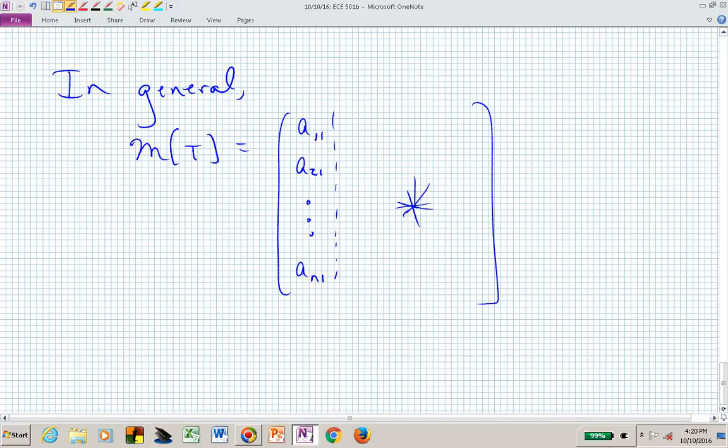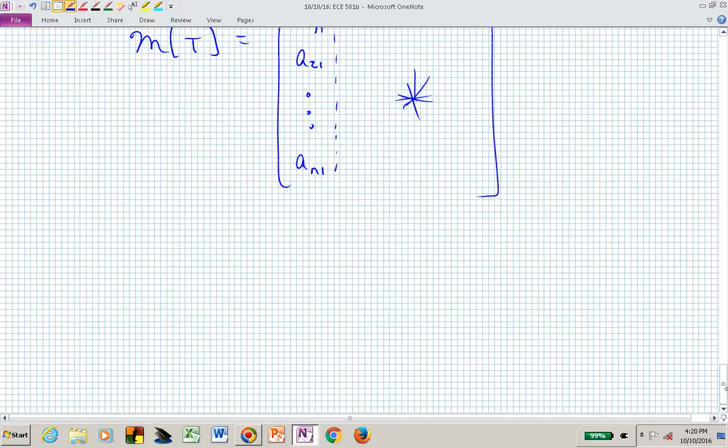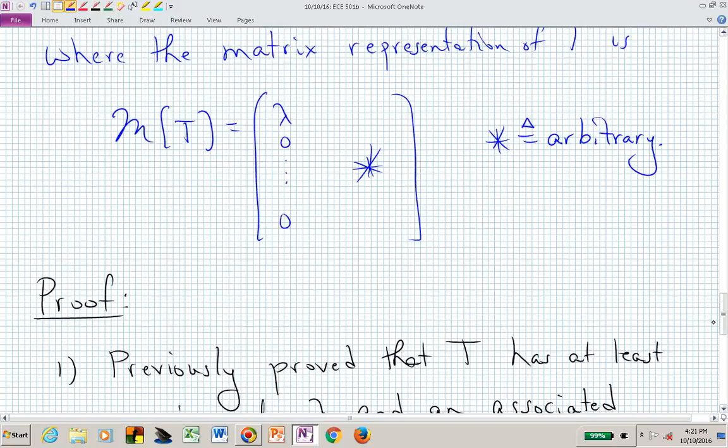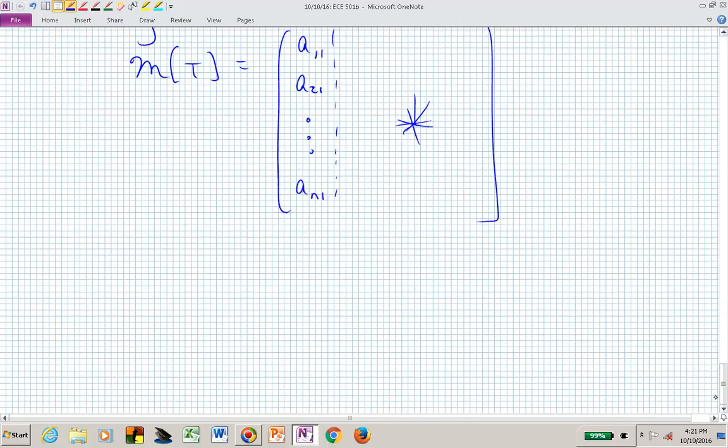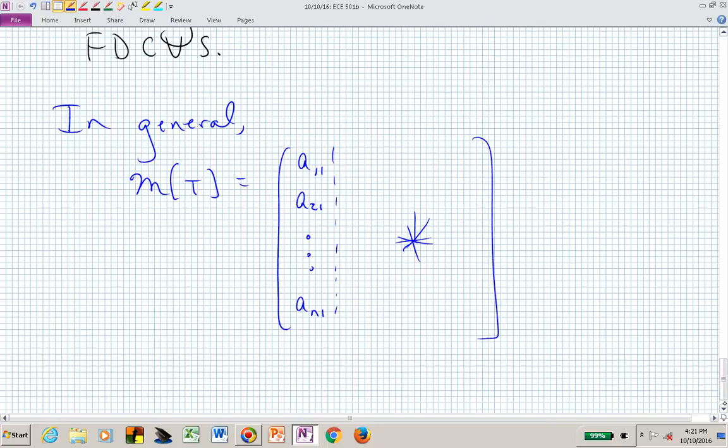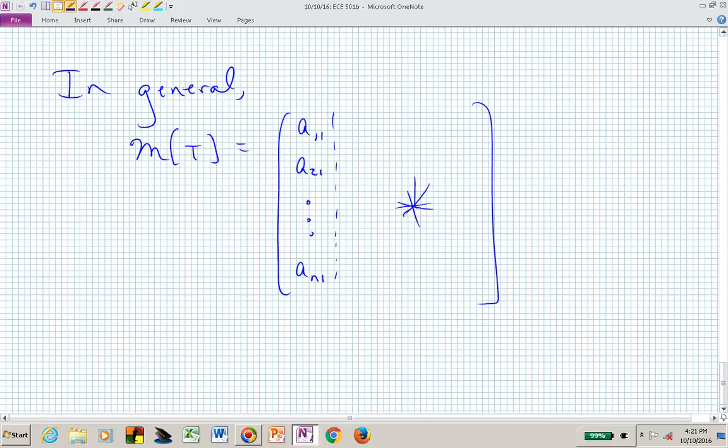But in our case, we've now restricted attention to a little more specific case. In our case, we now know that every linear map on a finite dimensional complex vector space has an eigenvalue lambda and its associated eigenvector v.